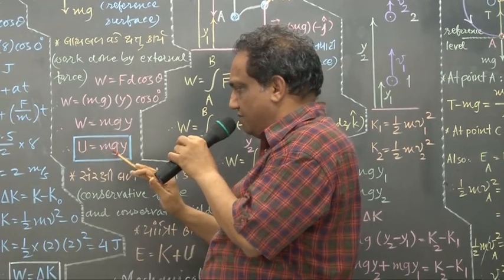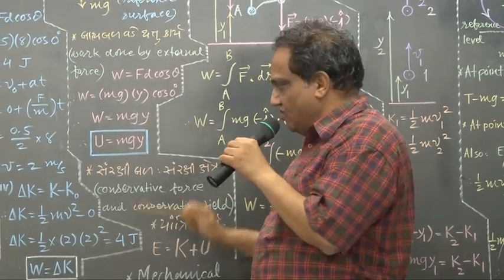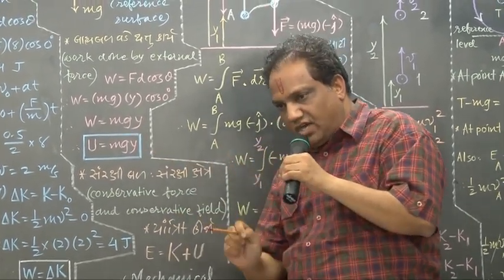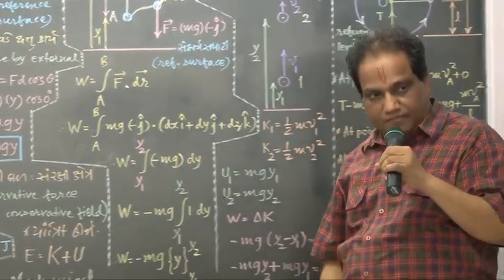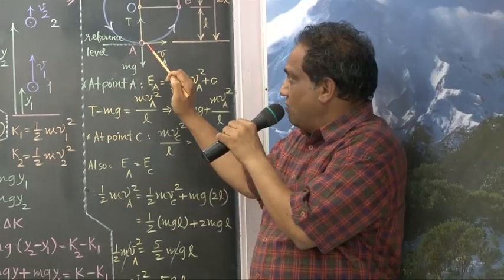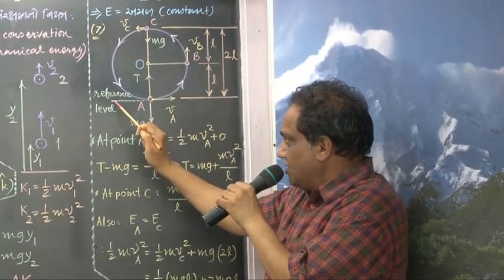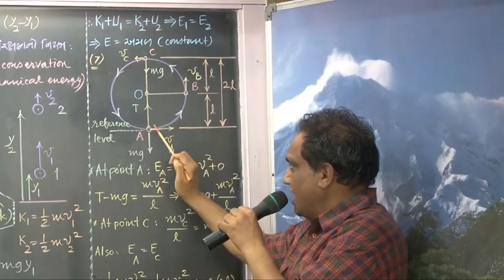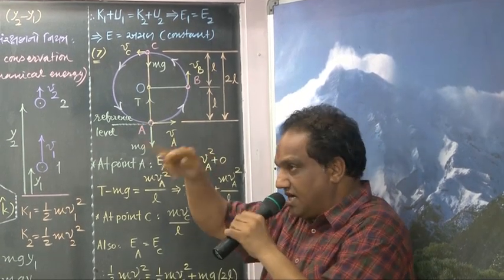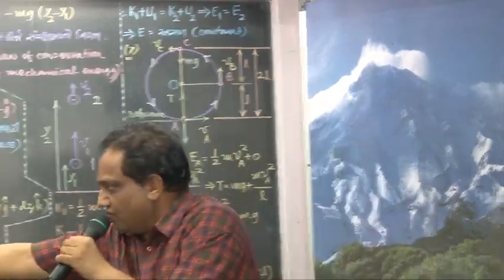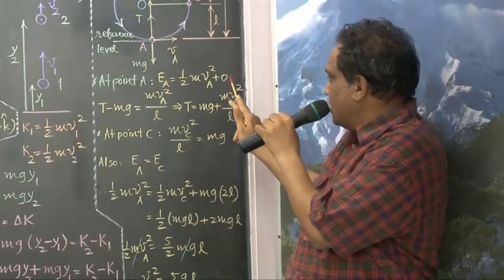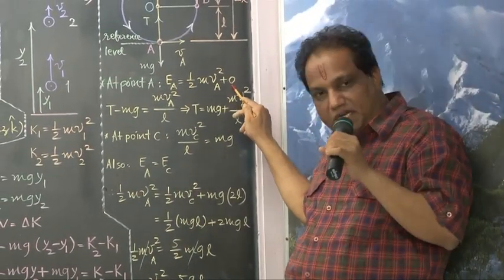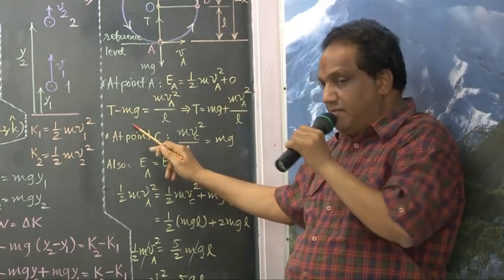U equals mgy, where y is the height of a body from the reference level. But when the body is here and the reference level is also here, the height of this body from the reference level is right now 0. When y is 0, this product will be 0. That's why gravitational potential energy is 0. Now this point is very important.